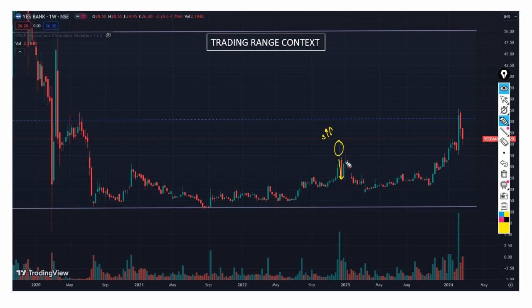If we speak on an emotional level, suppose you are stuck here, or here, anywhere in this region, and you have not yet closed the position over the period of almost 2 years. This is approximately a 2 year time frame.